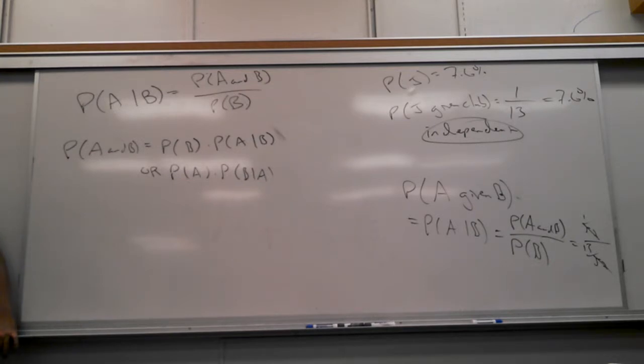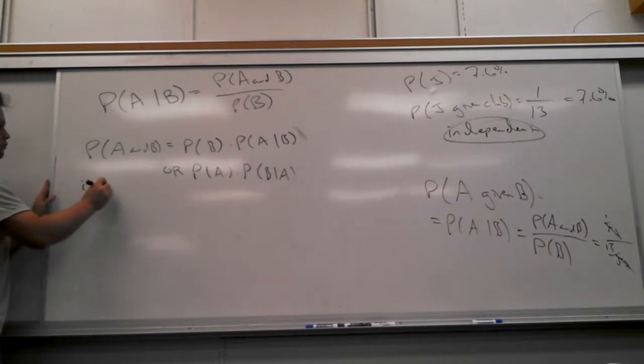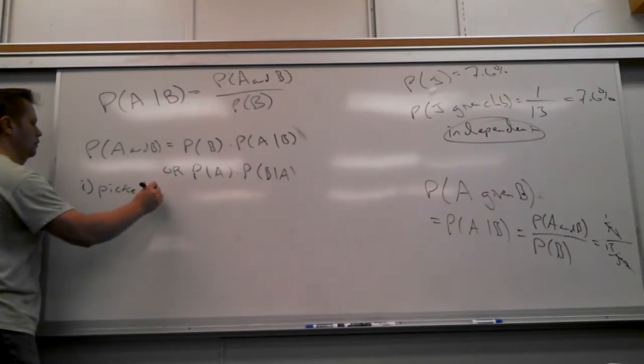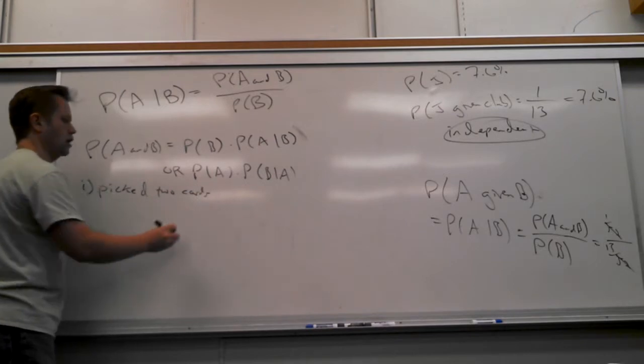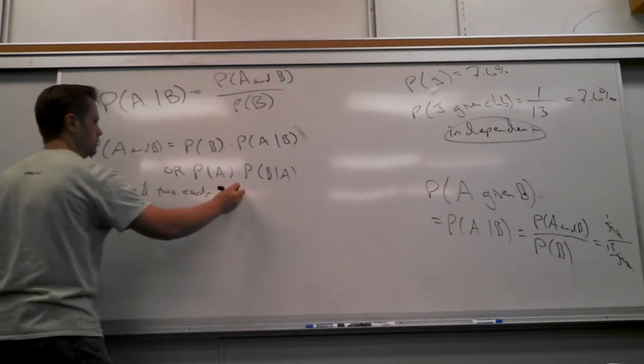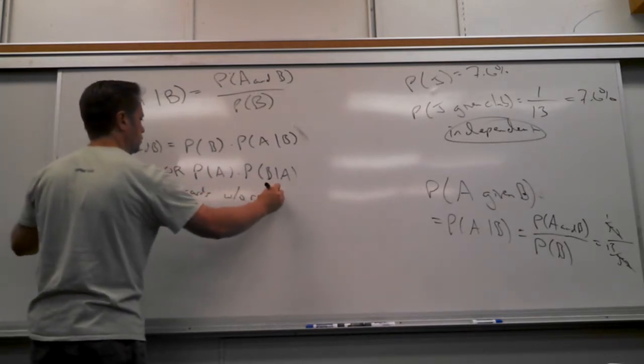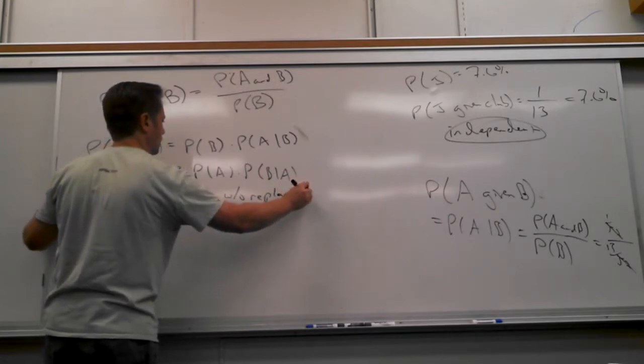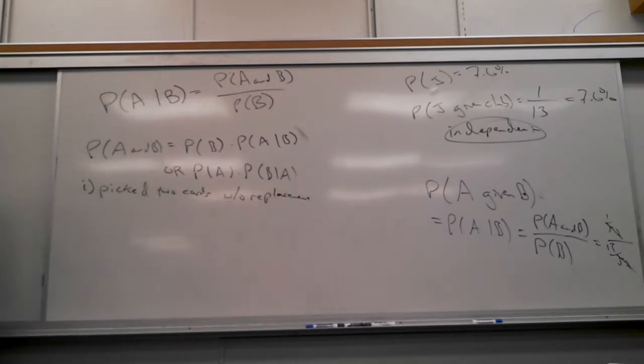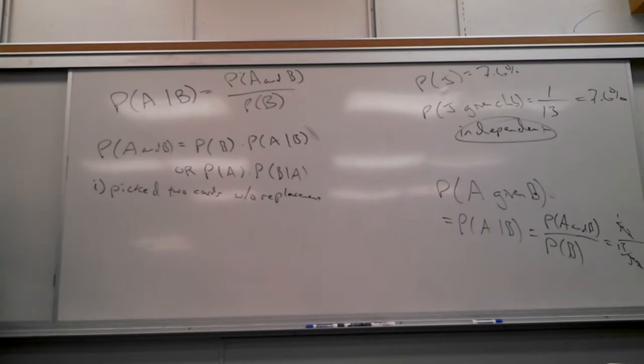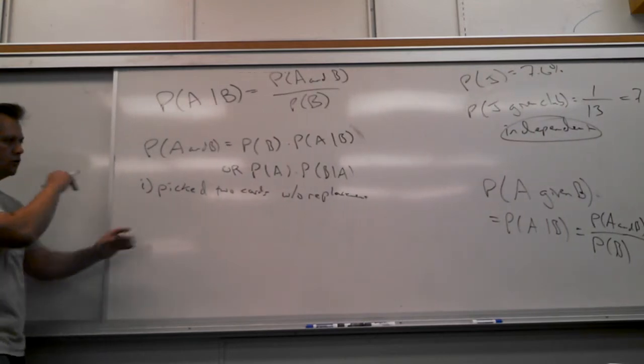So let me remind you guys, I can't remember the exact situation we're in, but if I pick 2 cards from a deck of cards, remember that we talked about with and without, so let's do it without replacement. So if I do it without replacement, take 2 cards from a deck of cards. So I take the first one, feed it to my little brother. He's got a strong stomach. He does actually. 2 cards without replacement.